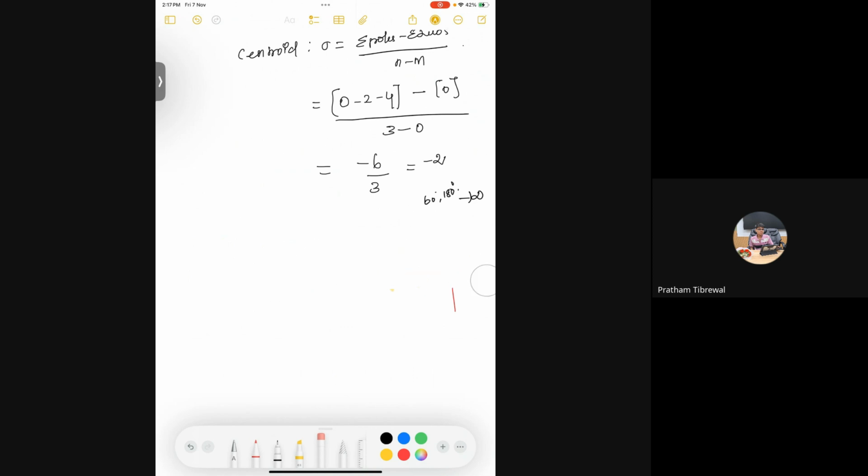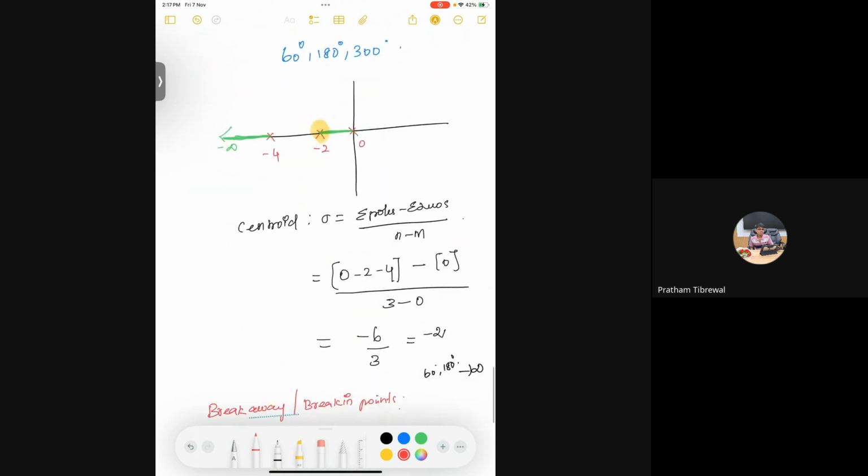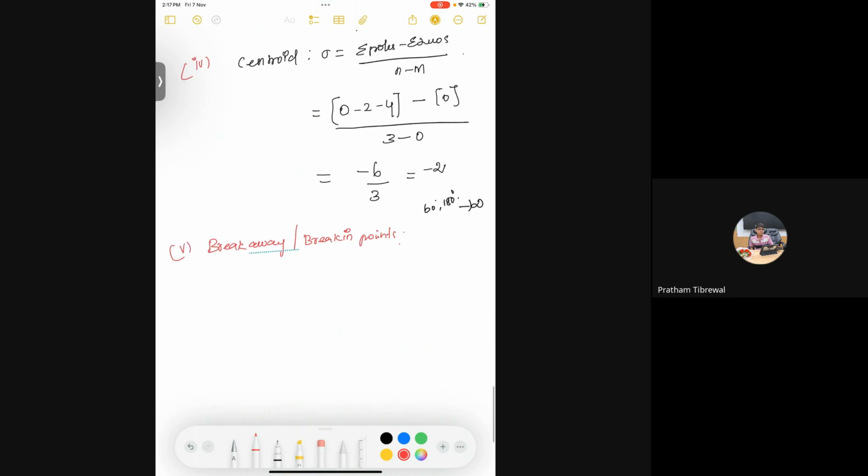To know this exactly, we are going to find the breakaway and break-in points. So far we have found the asymptote as the third step, fourth is the centroid, and fifth will be the breakaway or break-in points.